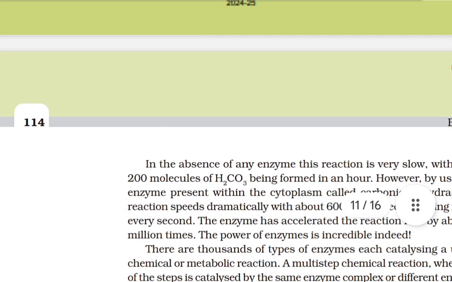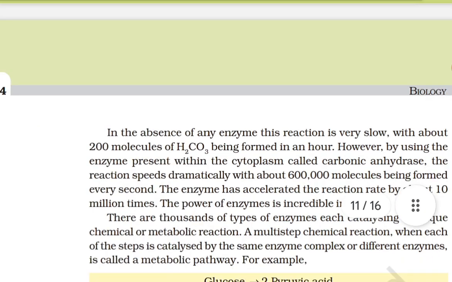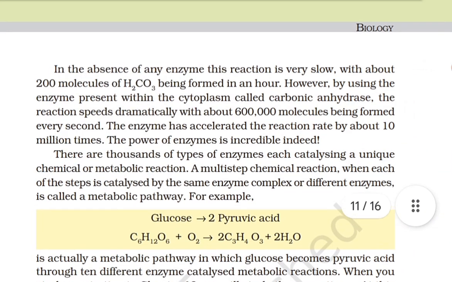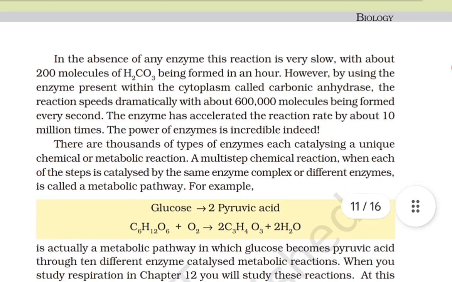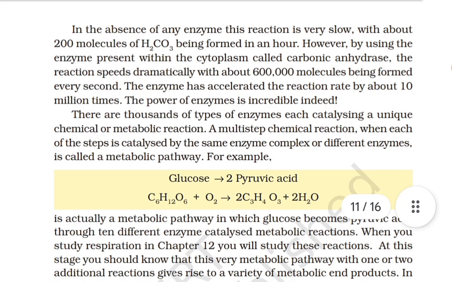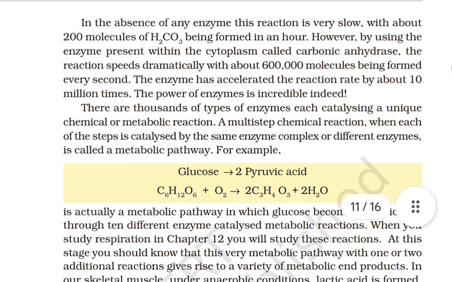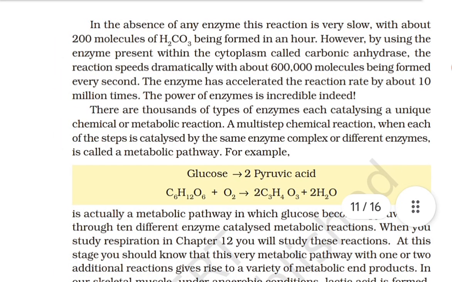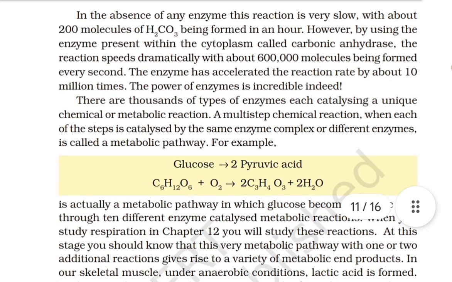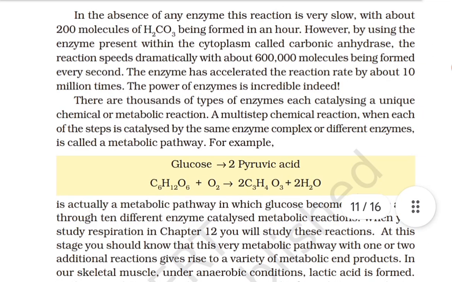This complex is short-lived and dissociates into its product and the unchanged enzyme with an intermediate formation of the enzyme product complex. The formation of the enzyme substrate complex is essential for catalysis. E plus S gives the ES complex, then it becomes EP, enzyme product, and then enzyme plus product separate again.